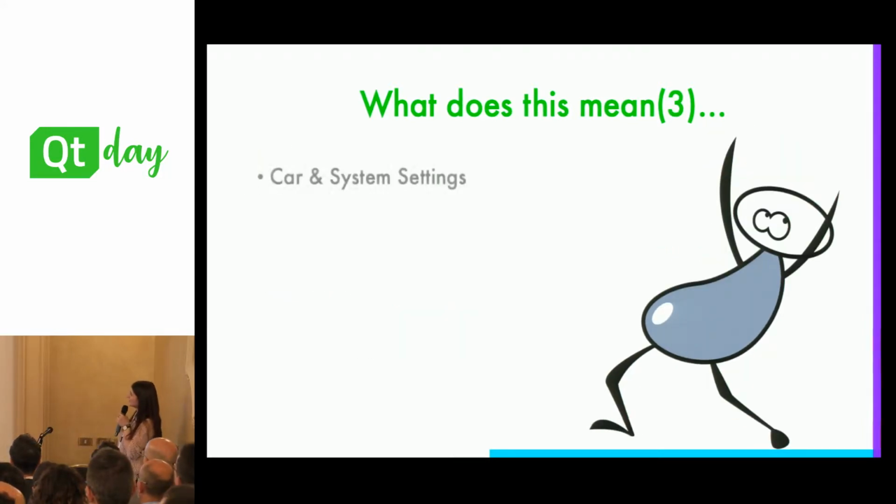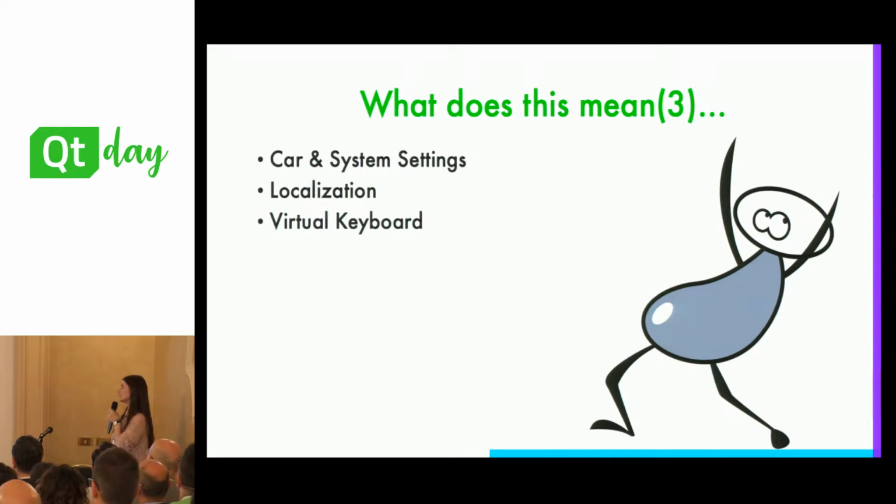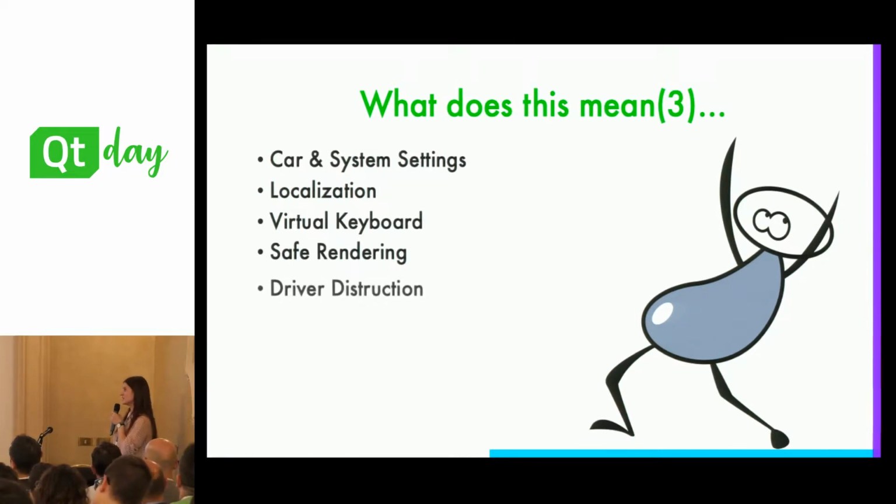All right, and we have thought as well, very important, about the system settings application, and localization, because we need translation support, of course. And all right, we need a virtual keyboard. And of course, very important, safe rendering, driver distractions, and so on.